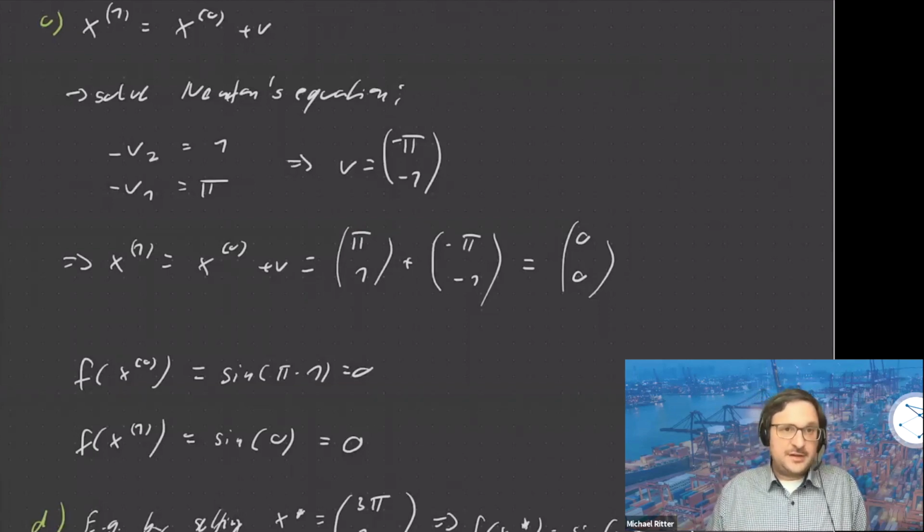And it would be easy to add a step size to Newton's method here. So if you do that, then you would compute x1 by adding something like lambda v, and then try to find a lambda that works well. You could do that basically in the same way as we did for gradient descent. But again, you're not even guaranteed that this direction that you're getting actually does something useful.